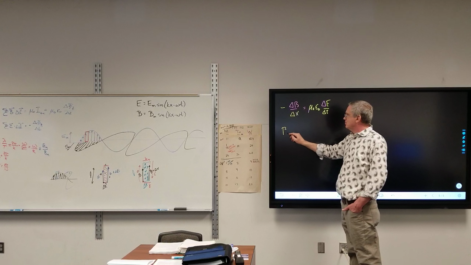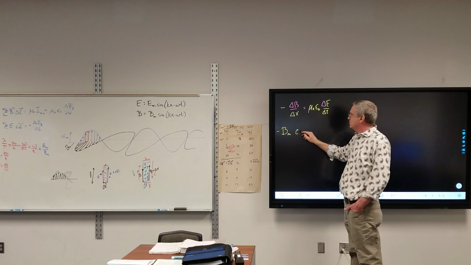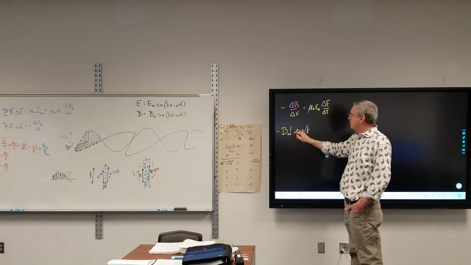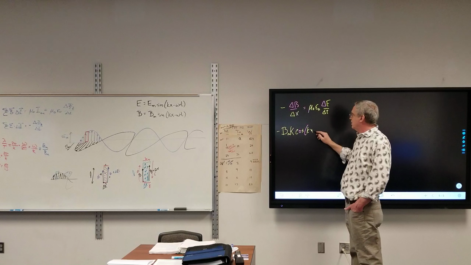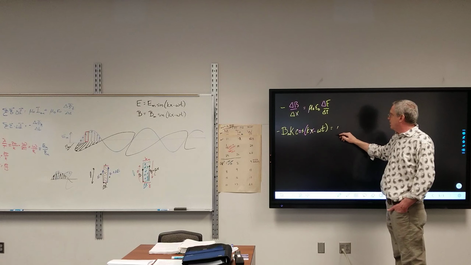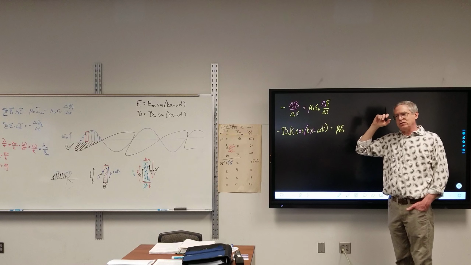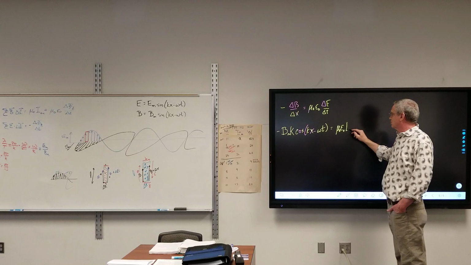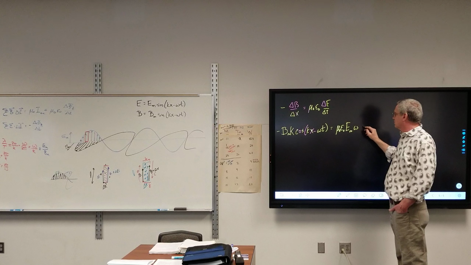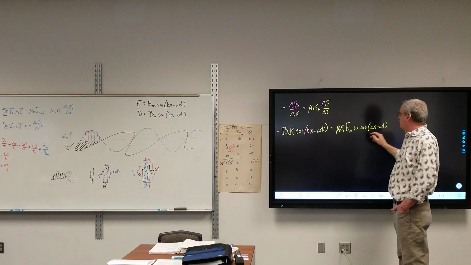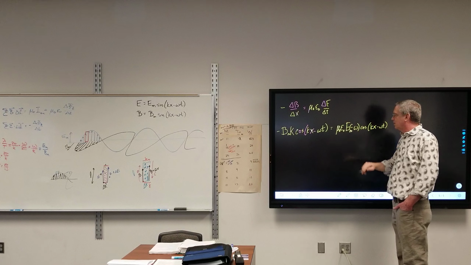B_m k cosine(kx minus omega t). And on the right-hand side, how does the electric field change with respect to time? E_m omega cosine(kx minus omega t). Is it negative omega t? Yeah, it's negative omega.